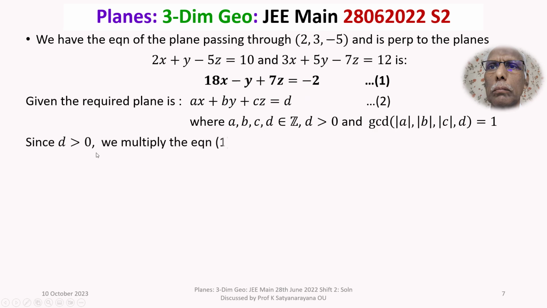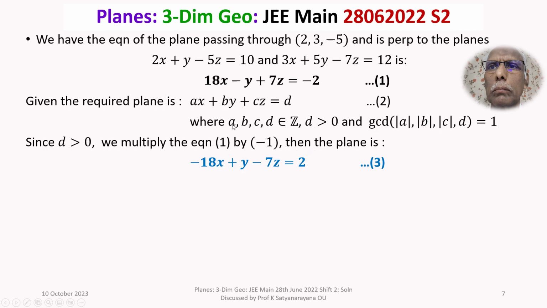Then equation 1, that is the plane, is minus 18x plus y minus 7z is equal to 2. So we have achieved that d is an integer and greater than 0.